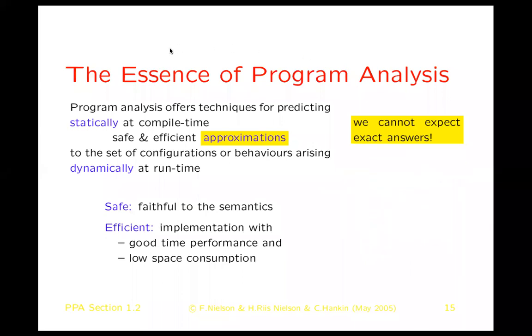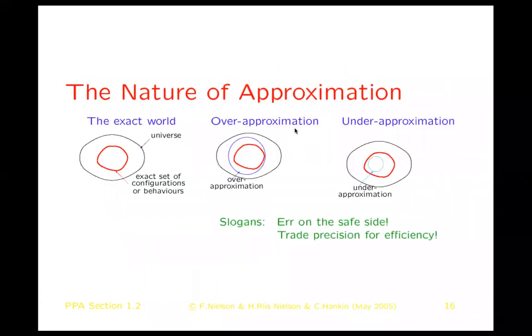We will try to understand these safe approximations through multiple examples as we progress through the next few lectures. In order to get some intuition, whatever you are seeing here is a set of behaviors or execution paths which your program can take. But we don't have these execution paths available in our hand, because number one, they are infinitely many.